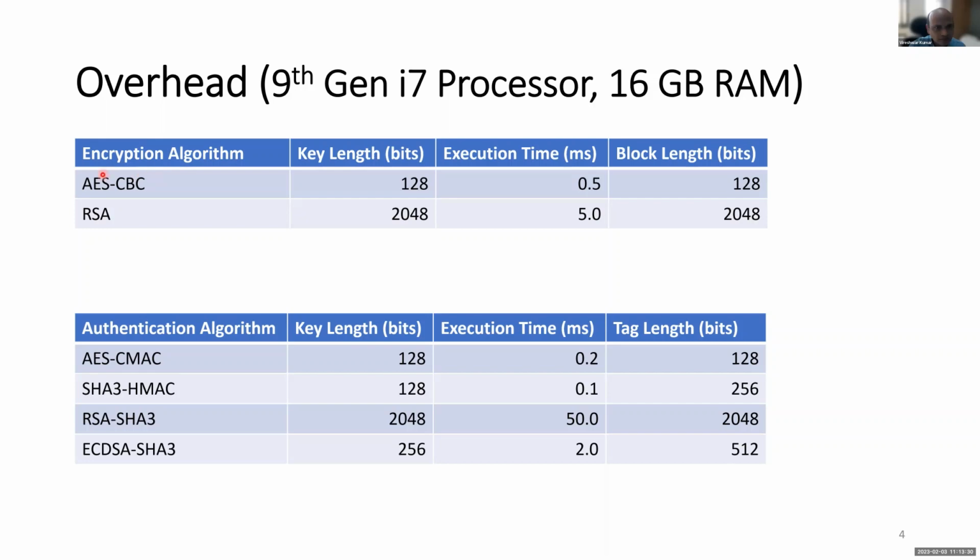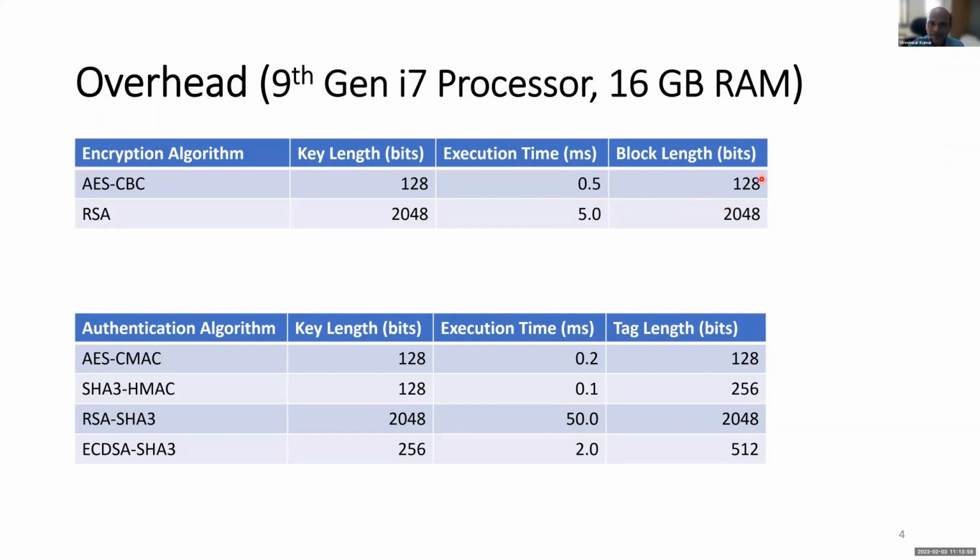So if you see the encryption algorithm, let's look into one symmetric and one asymmetric. If you see the running times, it is below 1 millisecond for symmetric key, but for asymmetric key, it is around 5 milliseconds.